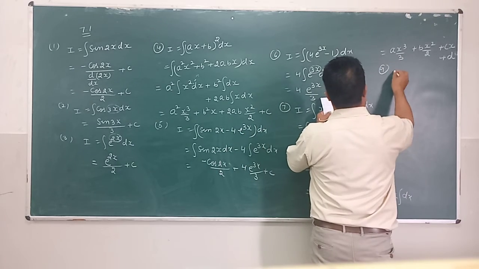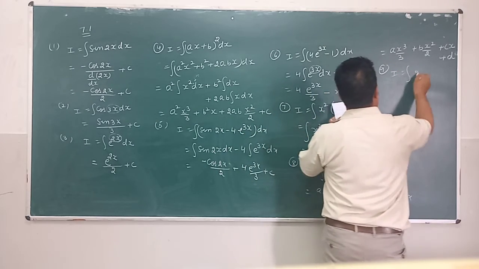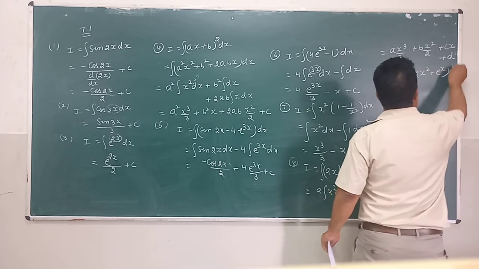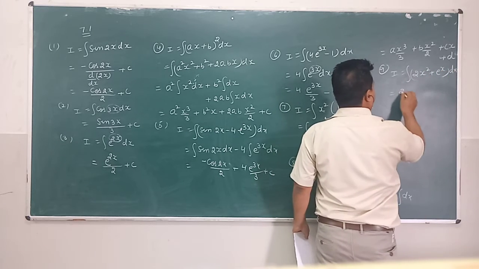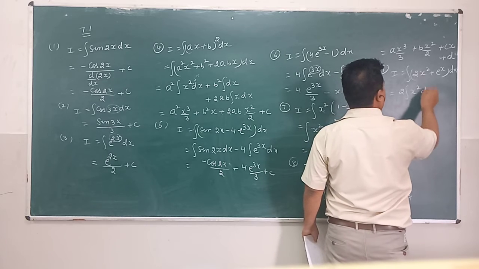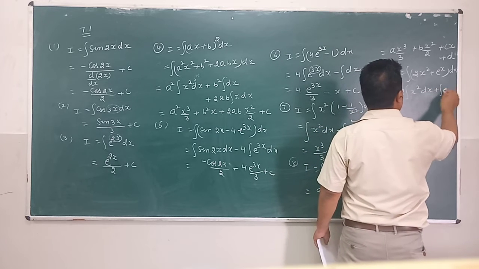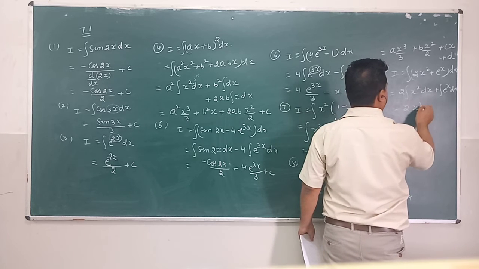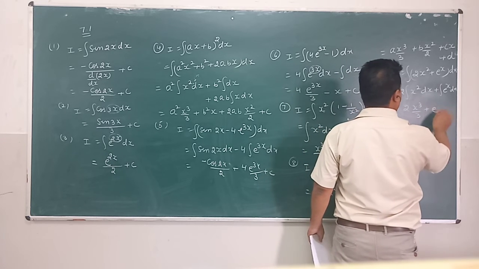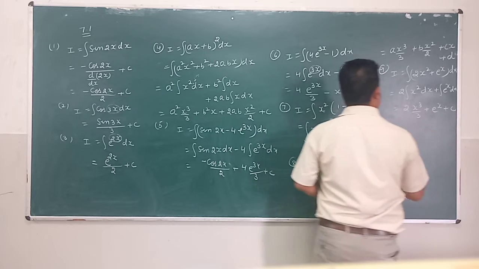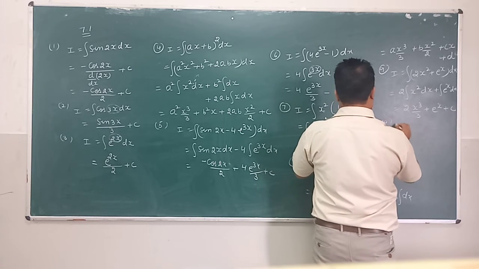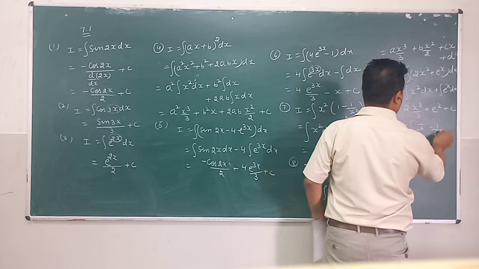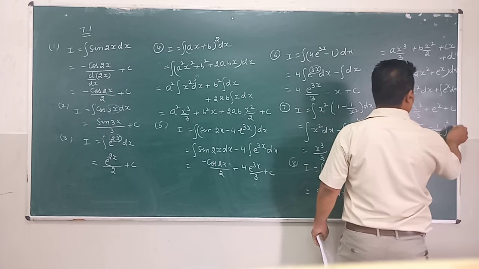In question number 9, the statement is (2x square plus e power x). When we multiply dx, it is 2 x square dx plus e power x dx. So integration of x square is x cube upon 3, and integration of e power x is e power x. In question number 10, the statement is (root x plus 1 upon root x) whole square.